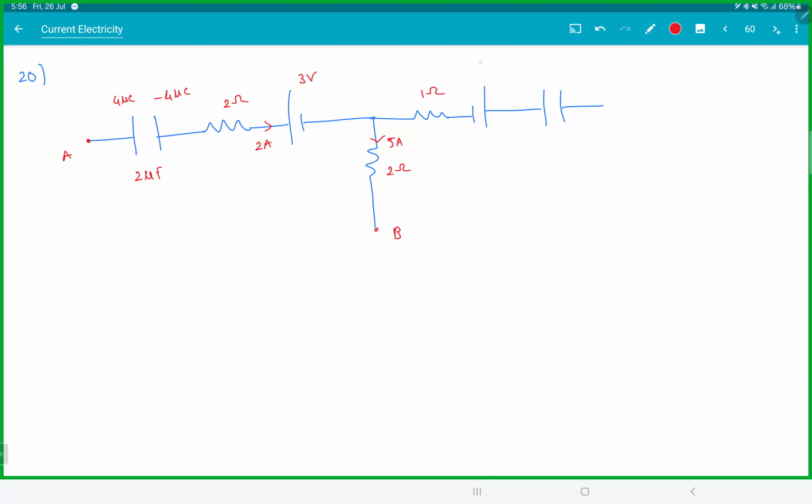This is 6 volts. Let it be 6 volts. This is minus 3 microcoulomb. This is plus 3 microcoulomb. This is 1 microfarad. This point here is grounded. This is point C.